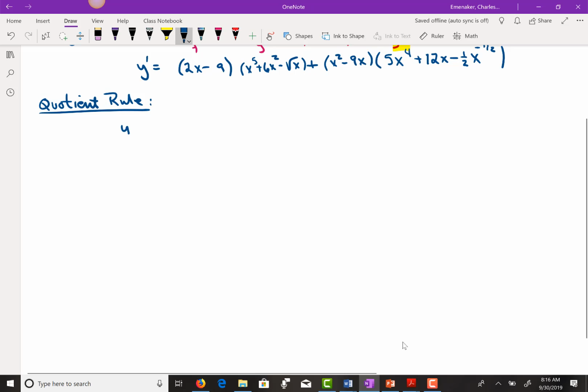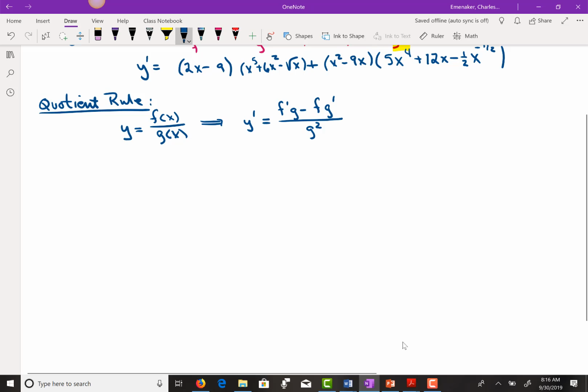If we have something like y equals one function over another function, the derivative is going to be f prime g minus f g prime over g squared.